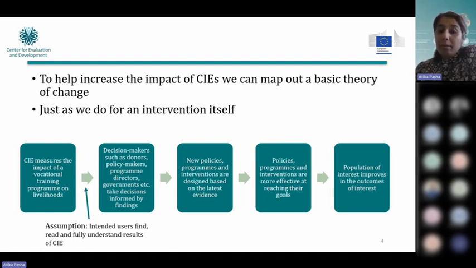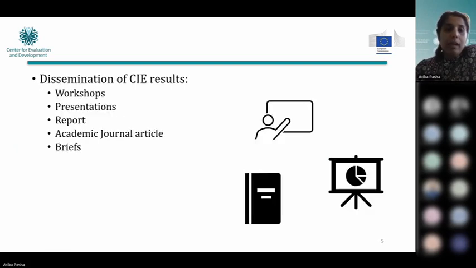We are running with the assumption that the user of these CIEs, which is everyone who's working in the program, in the evaluation, is able to understand the findings from the CIE, right? Is able to understand, in the first place, why a counterfactual impact evaluation, but also able to understand and explain the results from this counterfactual evaluation.